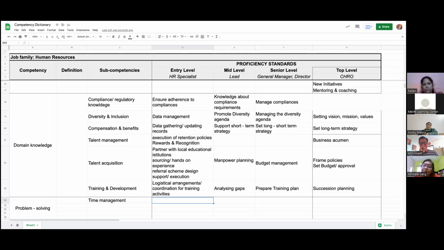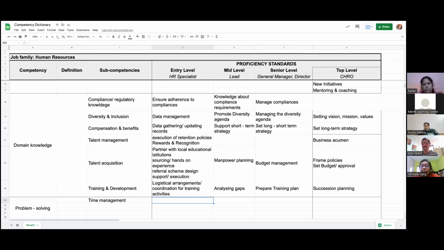Now, in our next session, we will look at how we go about doing competency mapping. That's a tool, that's a technique. Somebody said they also want to know tools and techniques, so you would actually be doing how to go about competency mapping.